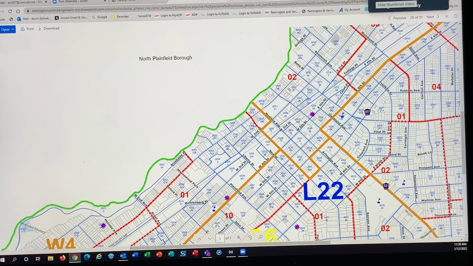So where the present line goes straight up and out into North Plainfield Borough, we're basically going up West 2nd Street and then out up Madison Avenue, taking these 2 census blocks and moving them out of 1 and into 4, which brings us well within the compliant range of the less than 10% deviation. And again, it's based on population totals under Title 40. That's our first scenario. Does anybody have any questions?